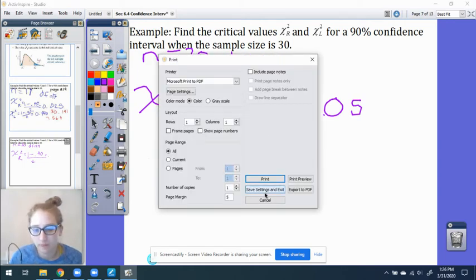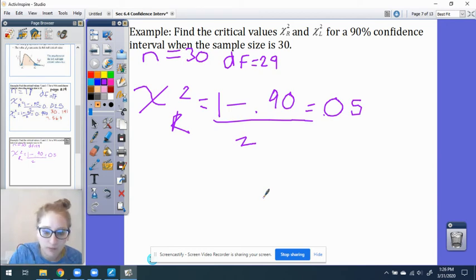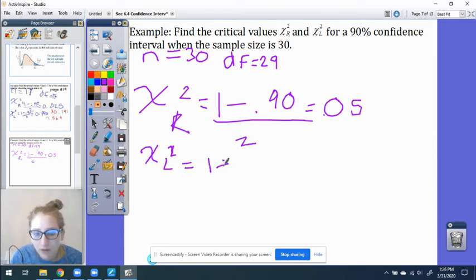Okay, we're not printing. All right, here we go. 1 plus... All right, so if I do that, I'm going to get 0.95.